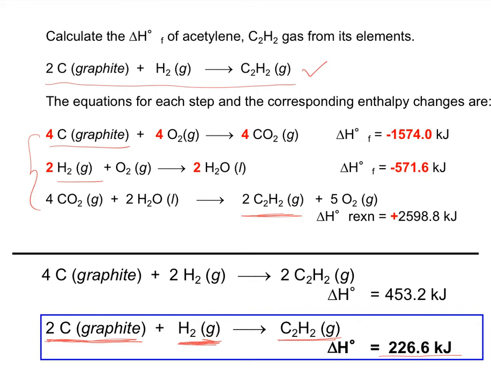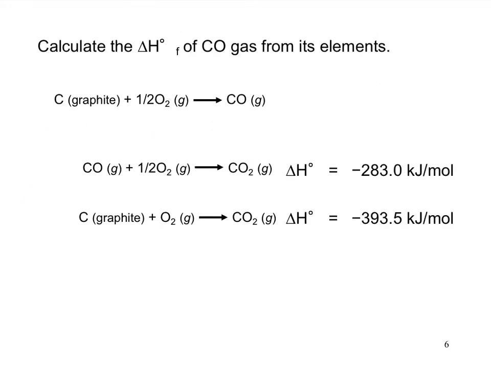So similarly, here is another example. What is the heat of the formation of carbon monoxide? To get carbon monoxide, CO, by definition, we need to combine the pure carbon element in its most stable form, which is graphite, and the pure oxygen element in its most stable form, which is O2.